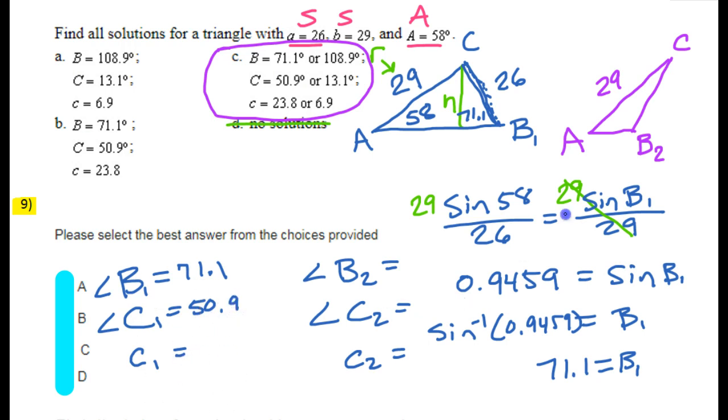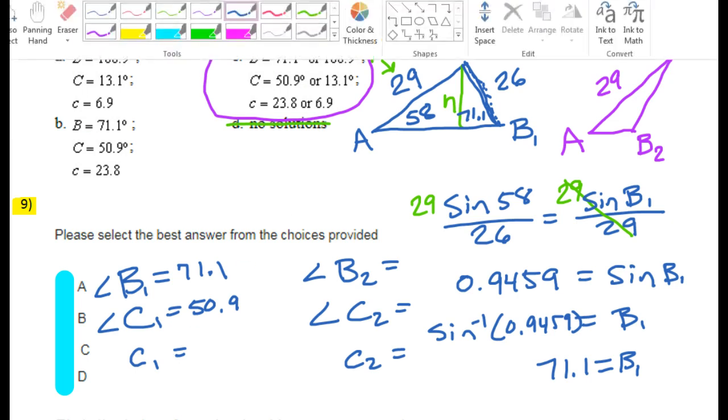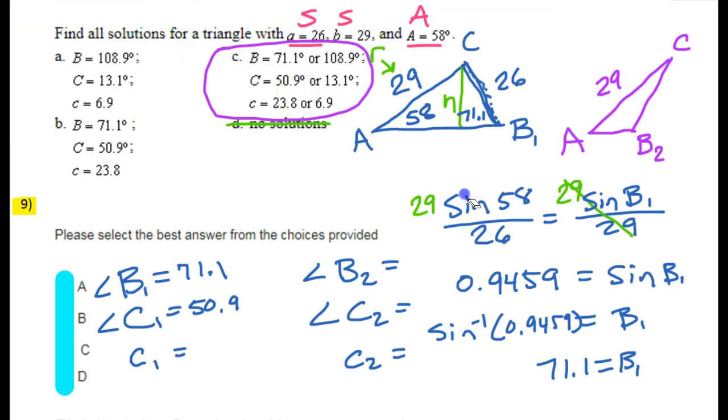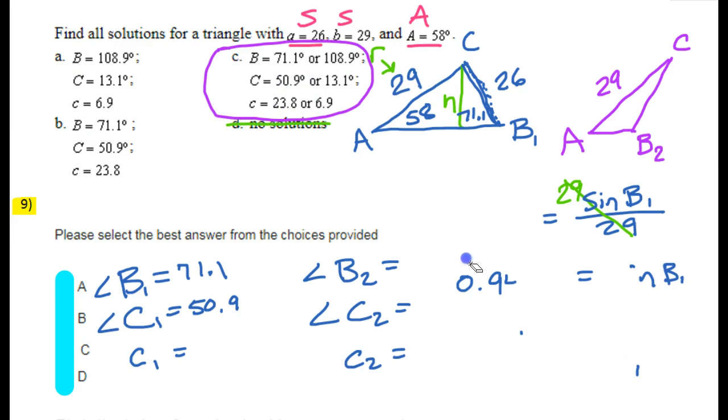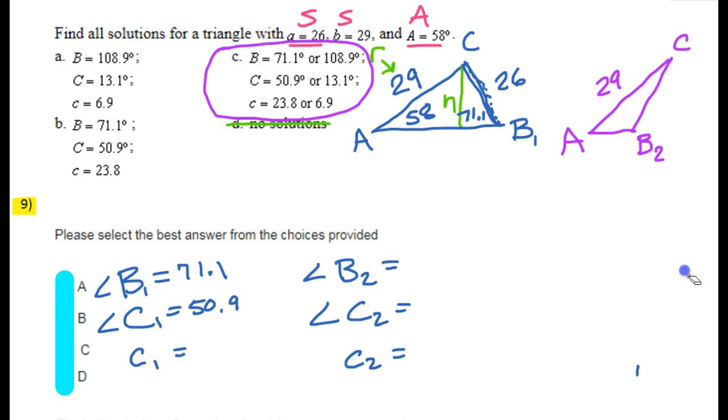Okay, now let's find side C1. I'm going to erase all of this so I have space. Here I'm going to use the law of sines again. I'm still going to use these two numbers, but since I'm looking for a side, I'm going to put the side on the top this time.